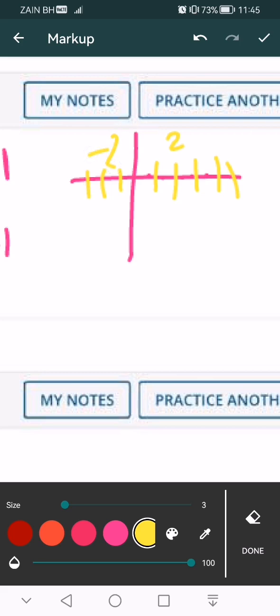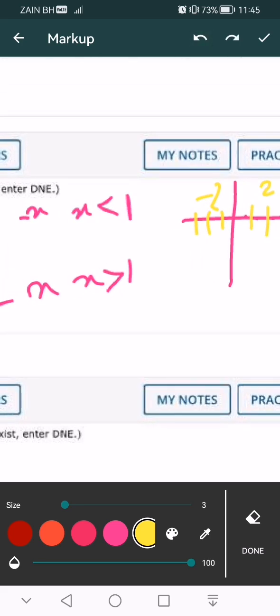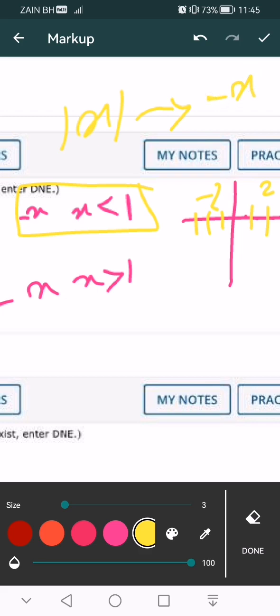If our region is on the negative side, which one will we use? I will use this one. In place of the absolute value of x, I will replace it with only minus x, and remove the absolute value.